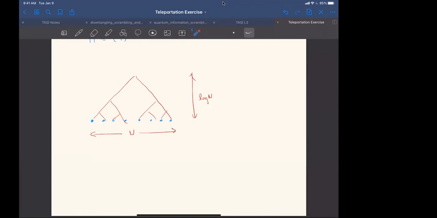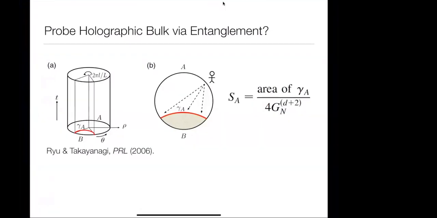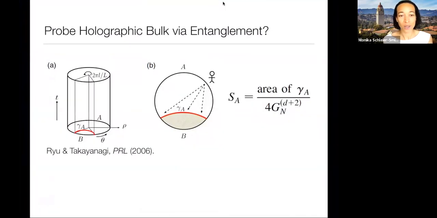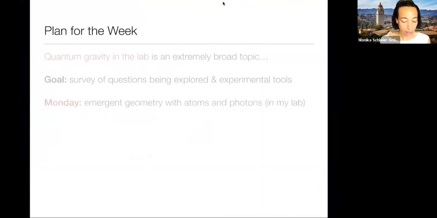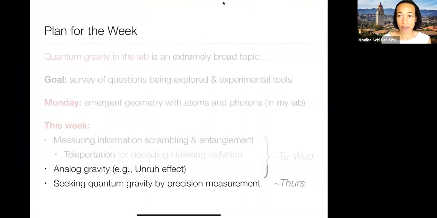Yeah. Okay. So good. This is maybe trying to inspire you all to think about what we should be measuring with this toolbox. Good. So I had this very ambitious plan for the week. I talked a fair amount about measuring information scrambling. We've now talked about measuring entanglement.